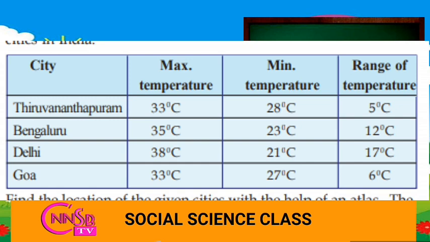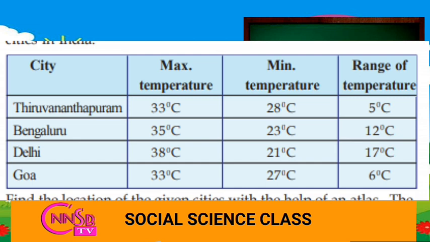But Bengaluru is far away from the ocean. 35 degrees Celsius is the maximum temperature and 23 degrees Celsius is the minimum temperature. The difference is 12 degrees Celsius. In Delhi, 38 degrees Celsius is the maximum temperature and the minimum temperature is 21 degrees Celsius. The difference is 17 degrees Celsius.